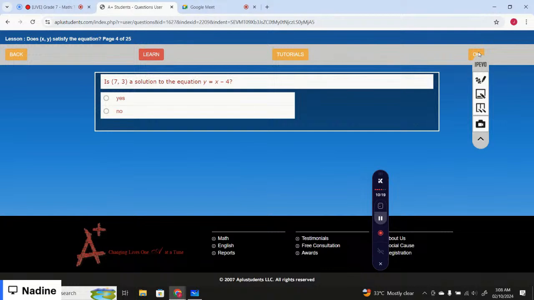Okay, is (7, 3) a solution to the equation y equals x minus 4?